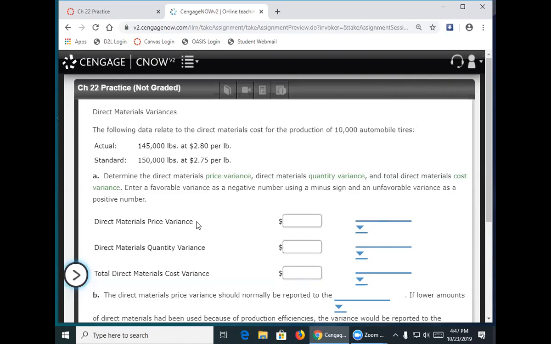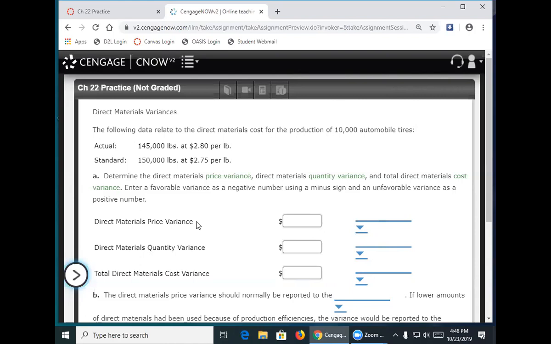So actual price minus standard price times the actual quantity, and you should get 7,250. And that is unfavorable. The way I know that is it returned a positive number.